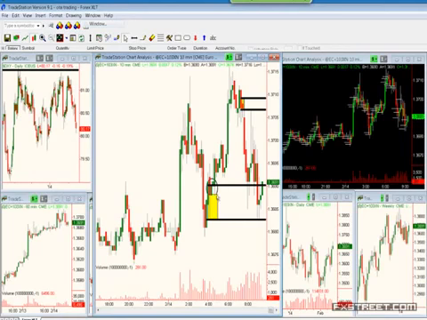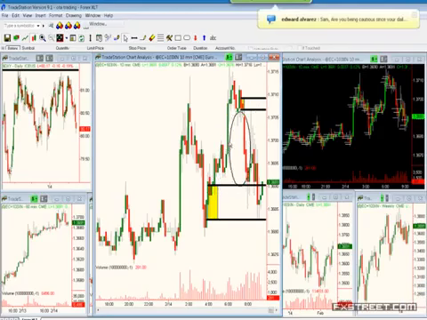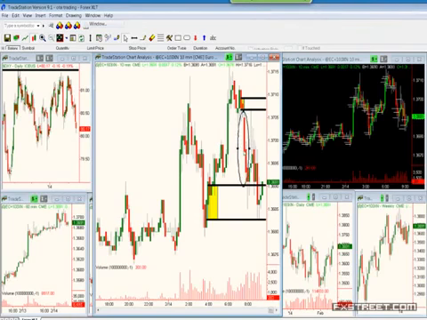So therefore, when price came back to this level, we were looking to buy in here for a move back up to here, because again, you've got demand down there, and as price moved down into the demand zone here, there was nothing to stop it from moving back up to here. Make sense? So that was a trade I took this morning. I see some of you took it too.